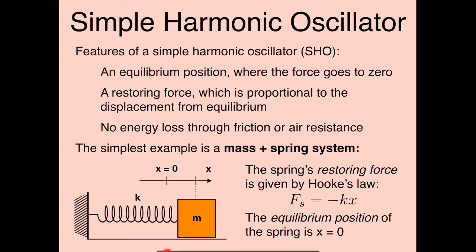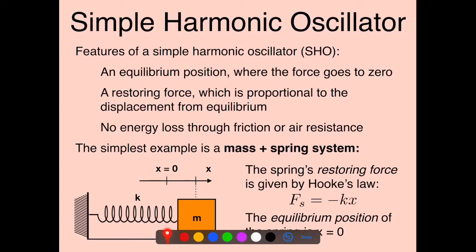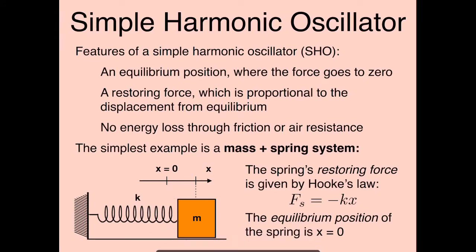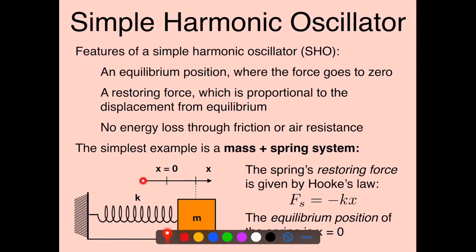And if x is positive, then the force is negative, meaning the force is in the negative x direction, pulling us back this way. I could also imagine the spring being compressed. So we're over here somewhere, in which case x is negative. But if x is negative, we have a negative sign out front, that means the force is positive.